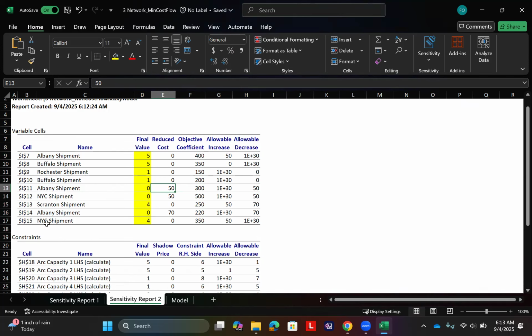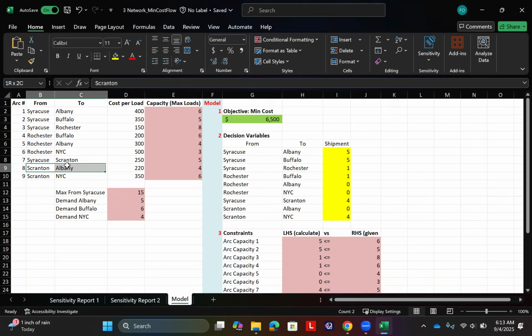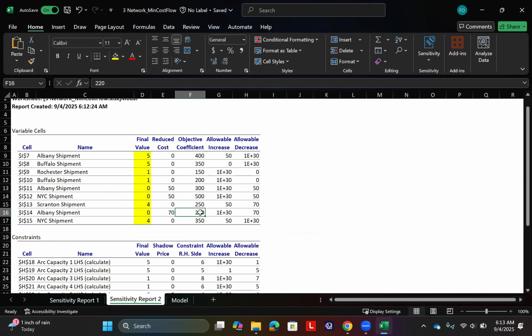Another example is arc number 8, which is Scranton to Albany. Current cost is 220, and those numbers are here as well, you can see. So if I want to start using that arc, I need to decrease the cost by at least $70. So these are again objective function coefficients.